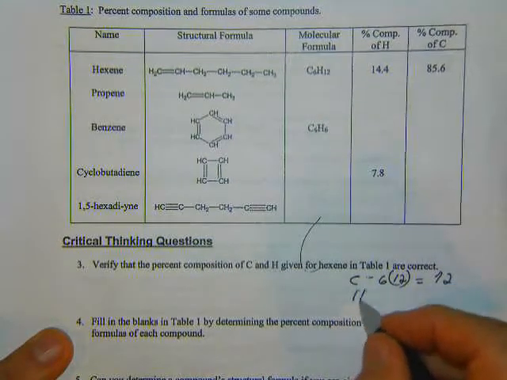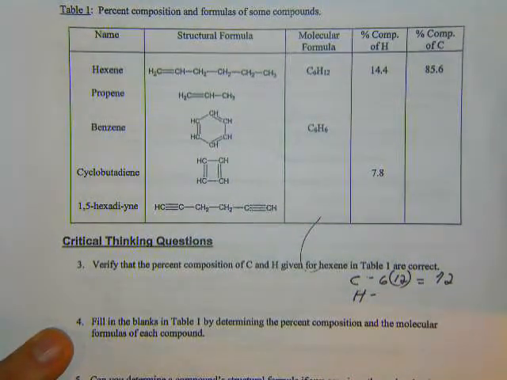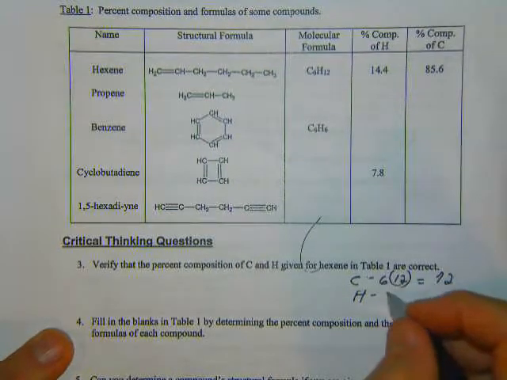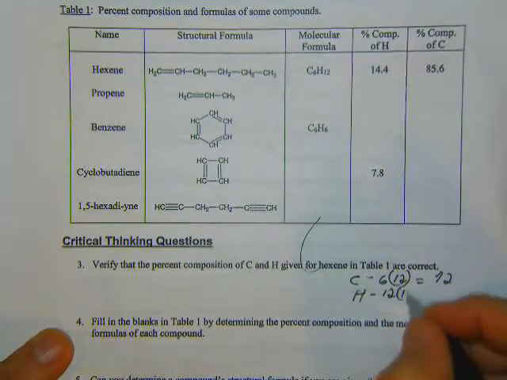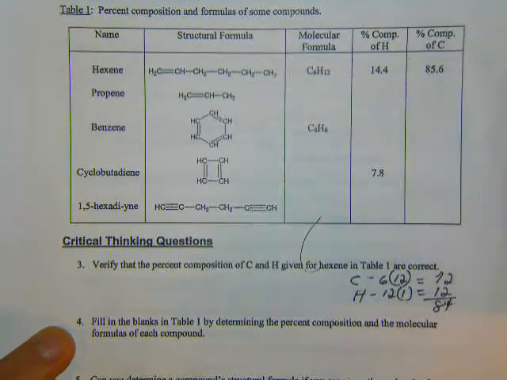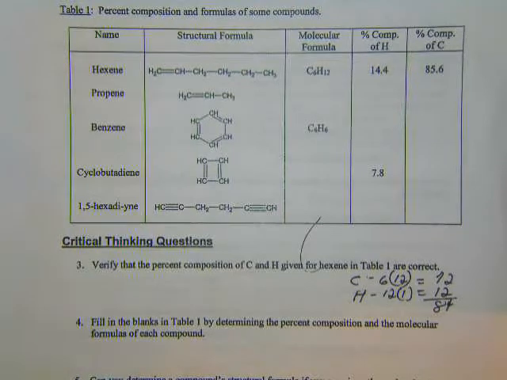For hydrogen, and again, just use 1 for hydrogen, we have 12 of those with an atomic mass of 1, so that equals 12. So that comes to 84 grams.